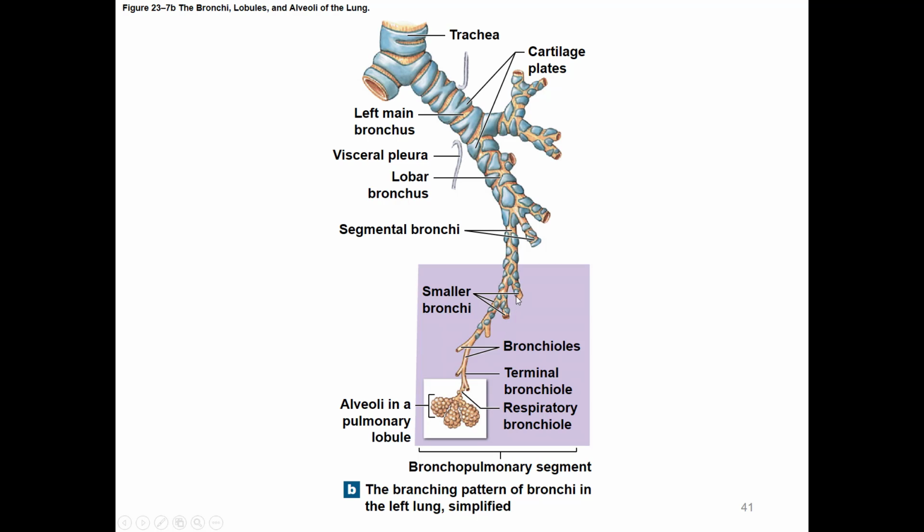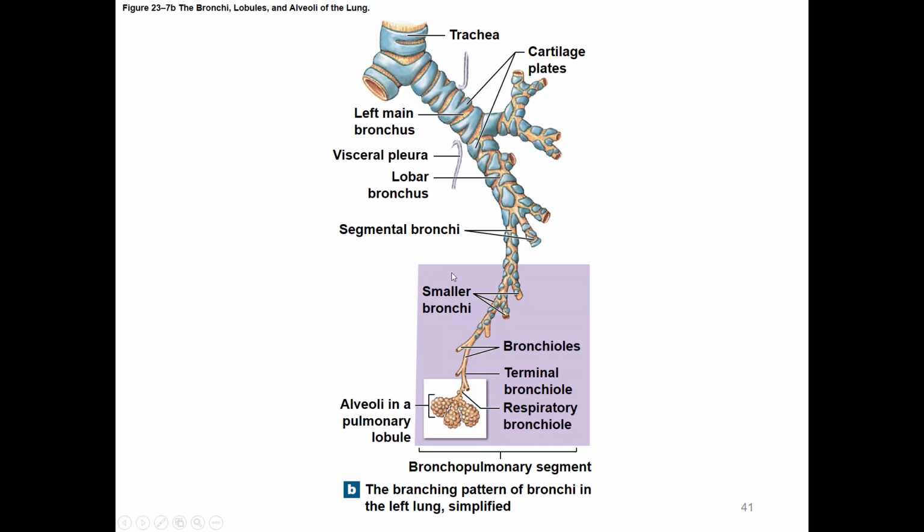Again, bronchioles, terminal bronchiole, respiratory bronchiole, and a cluster of alveoli. And remember, there are about 150 million alveoli per lung.